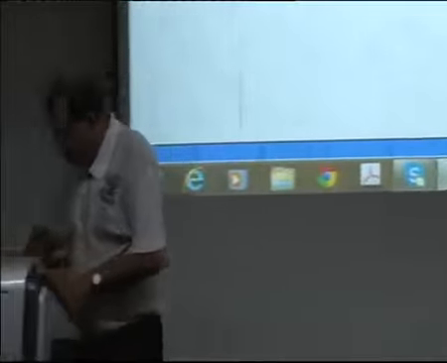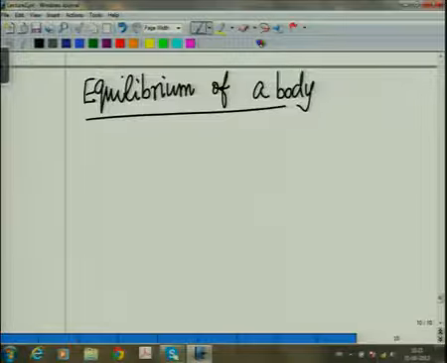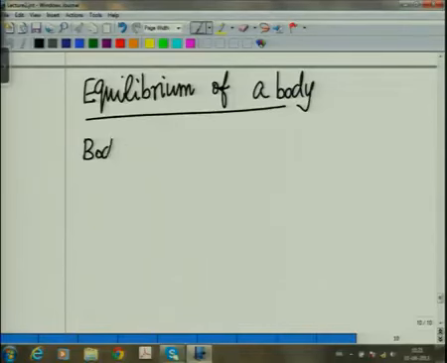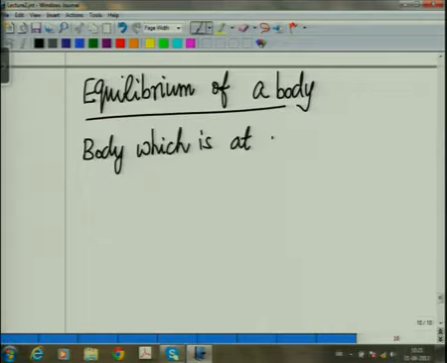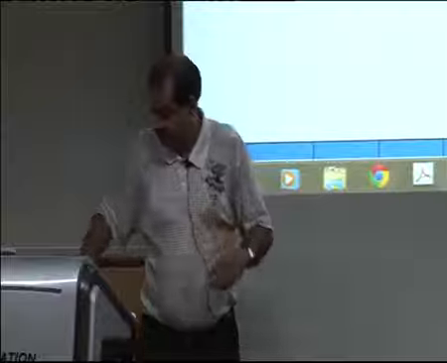So, by equilibrium of a body, now see, when we talk of equilibrium, we are talking of a body which could be moving. By equilibrium we mean a body which is at rest. That means all parts of the body, when we look at it, are not moving.